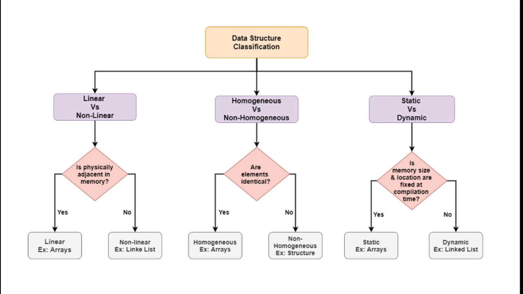The third classification is based on the associated physical memory size and location. If the physical memory size and location are fixed at compilation time, then they are called static data structures.